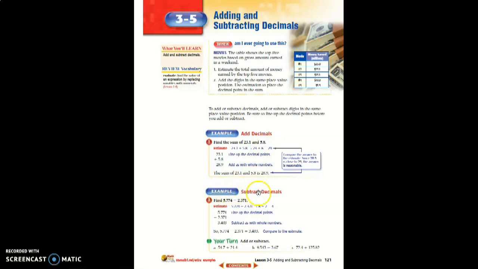Example: subtract decimals. Find 5.774 minus 2.371. Your turn: add or subtract.